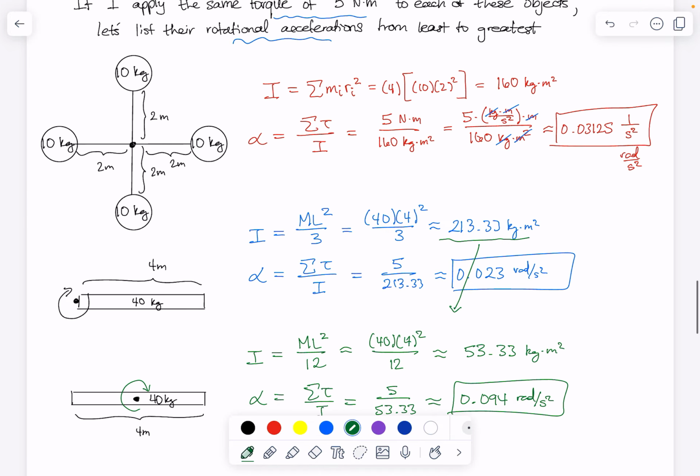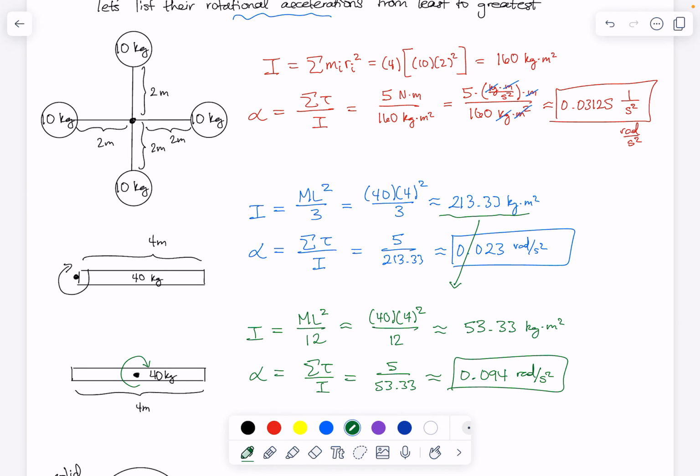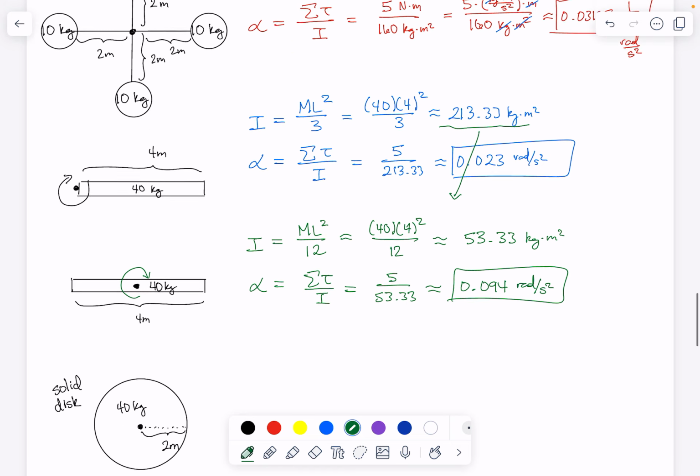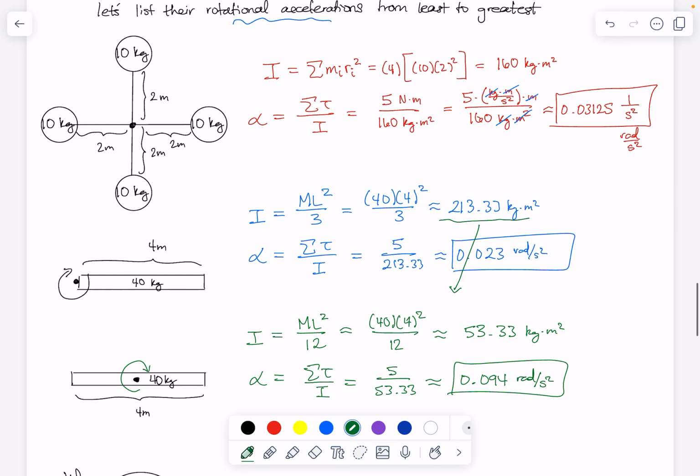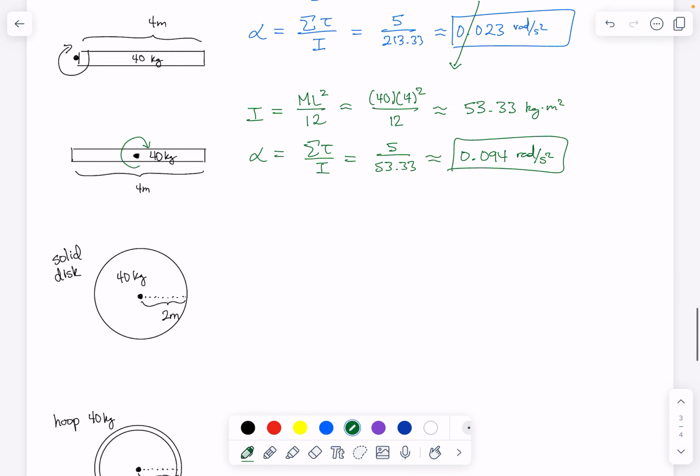Cool stuff. All right, so our rotational acceleration was bigger in this second rod as opposed to the first because it's easier to spin. Its mass distribution is not quite as large. And it's bigger than that first situation up here too.